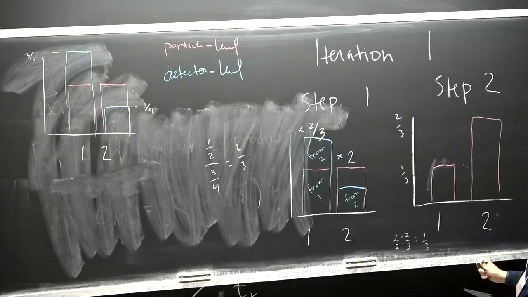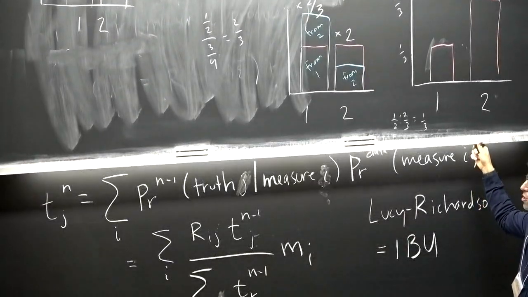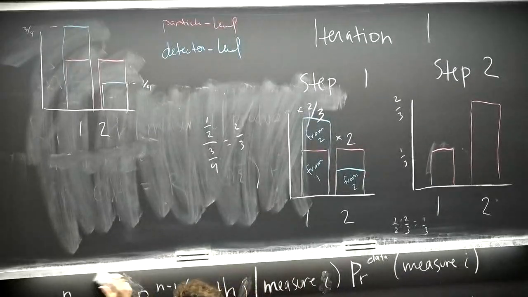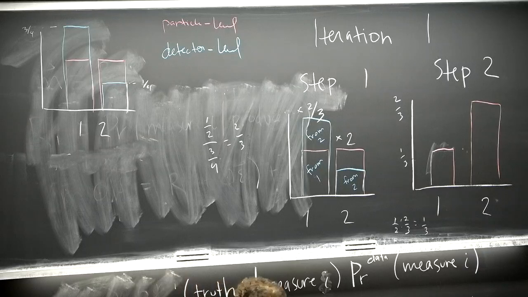It looks like I'm going to do one more step. You can see arithmetic on the board is not my forte, but that's okay. All of you are checking me, and we'll get to the answer.